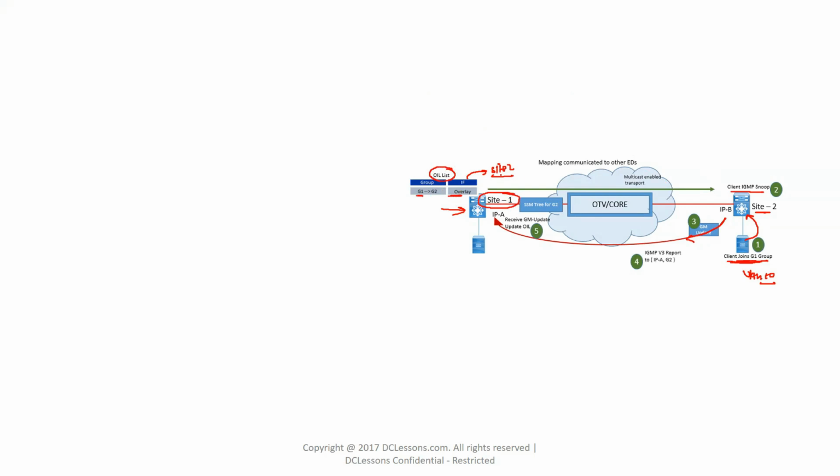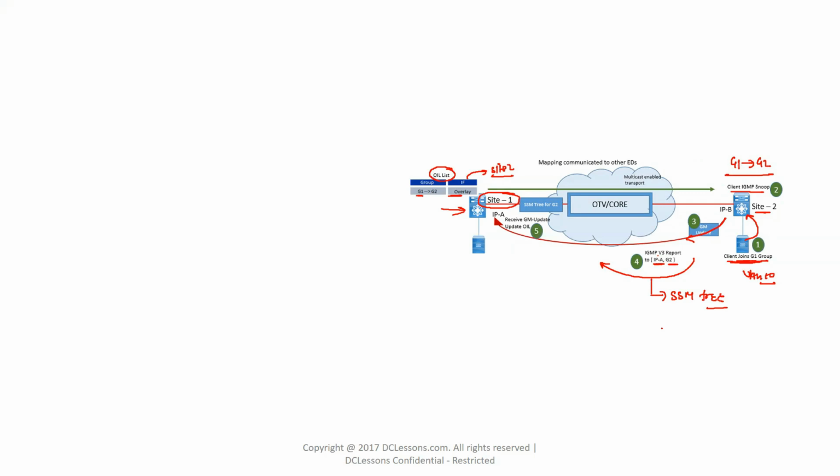Now once the OIL has been modified at the site 1 edge device, the OTV device at site 2 already has the mapping information of G1 group to G2, right? It already has it because at the first step it has already received it. What it will do is create an IGMPv3 join report for IP G2 to create an SSM tree.